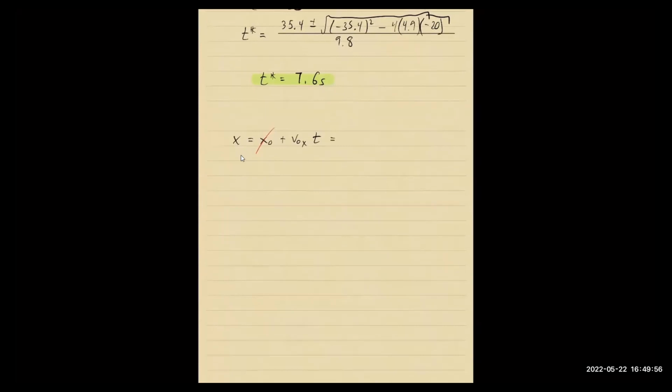And since x naught is 0, this is just equal to the x component for our initial velocity vector times the time of flight. So we have our final position is equal to the x component for our initial velocity, which we found to be 35.4 meters per second, times how long the ball was in flight for, which is 7.6 seconds.